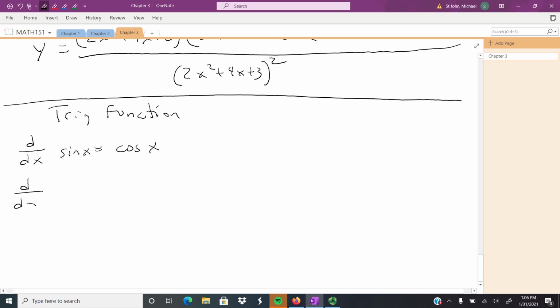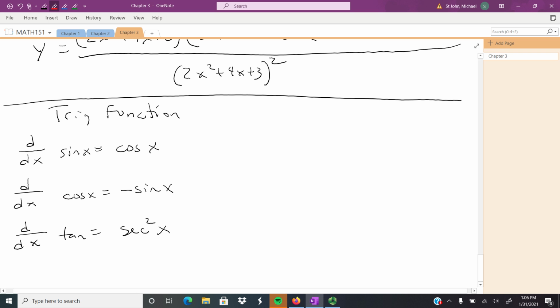The derivative of cosine is negative sine. And then the derivative of tangent is secant squared. Okay. So that's my sine, cosine, and tangent.